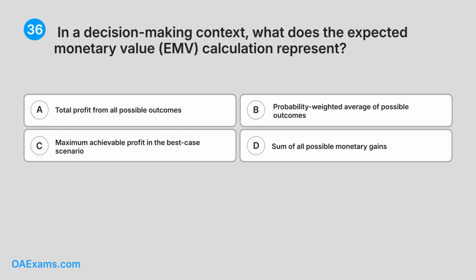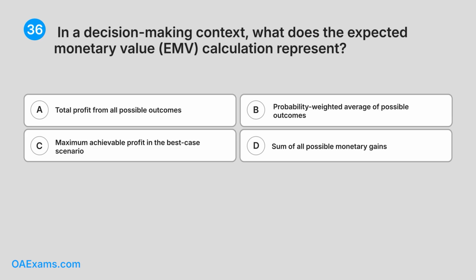36. In a decision-making context, what does the expected monetary value, EMV, calculation represent? A. Total profit from all possible outcomes. B. Probability weighted average of possible outcomes. C. Maximum achievable profit in the best-case scenario.